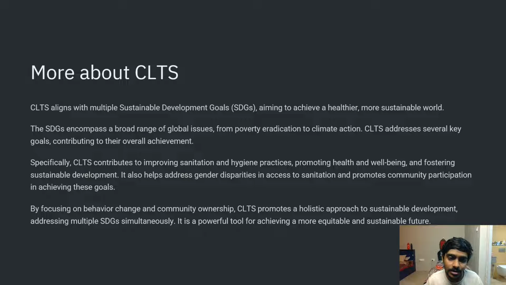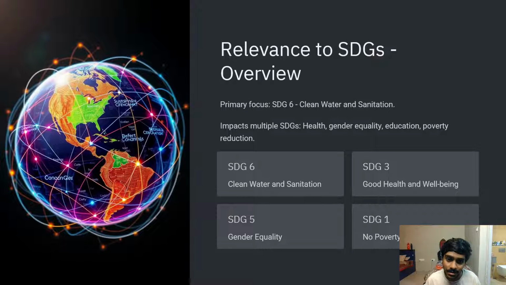Specifically, CLTS contributes to improving sanitation and hygiene practices, promoting health and well-being, fostering sustainable development. It also helps address gender disparities in access to sanitation and promotes community participation in achieving these goals. By focusing on behavior change and community ownership, CLTS promotes a holistic approach to sustainable development, addressing multiple SDGs simultaneously. It is a powerful tool for achieving a more equitable and sustainable future.